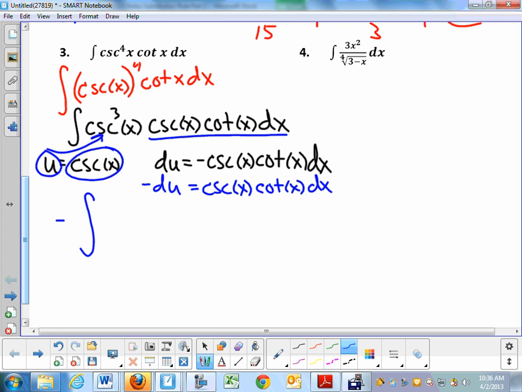So I now have an integral that's negative. So instead of a cosecant to the third, I have u to the third. And instead of a cosecant of x, cotangent of x dx, what do I have? Negative du. I've got the negative out front. Now I just have a du.